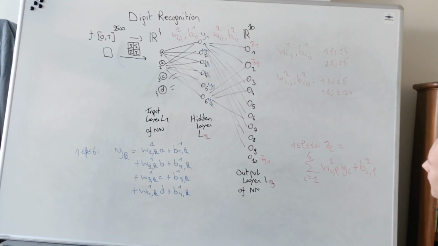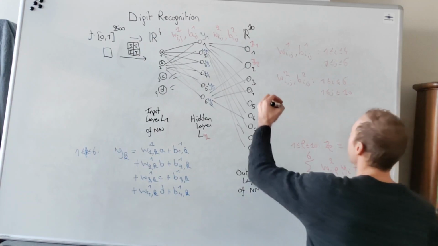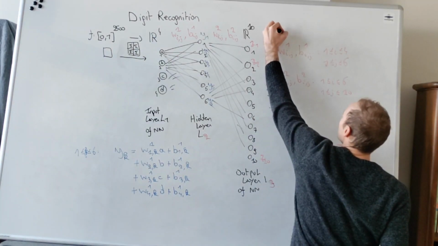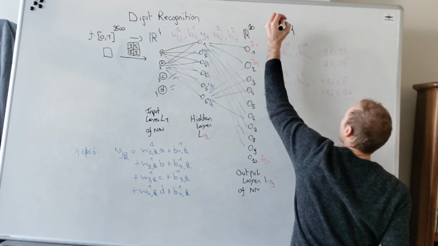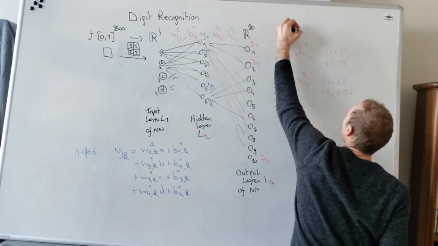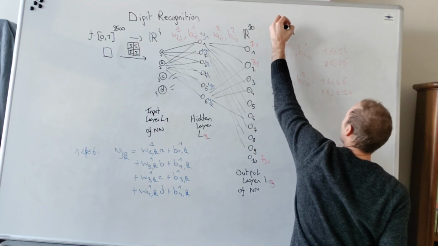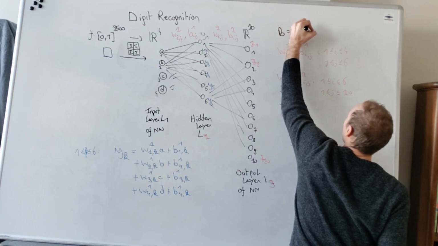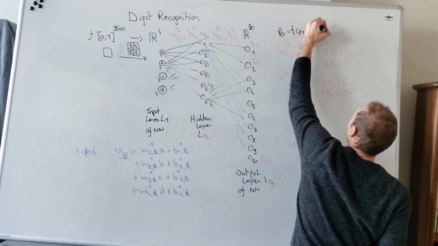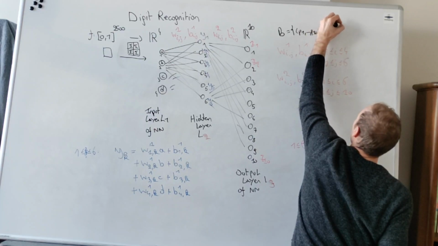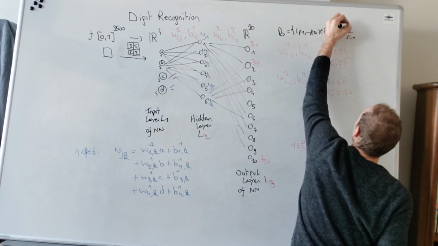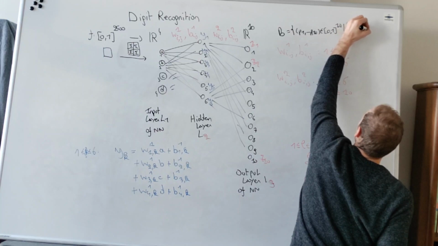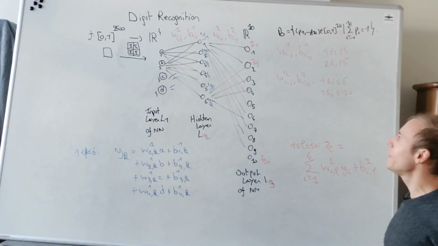But we're not yet entirely finished, because we actually had to end up in this output, which was values p1 to p10, elements between 0 and 1 such that their sum equals 1, because we want a probability distribution.